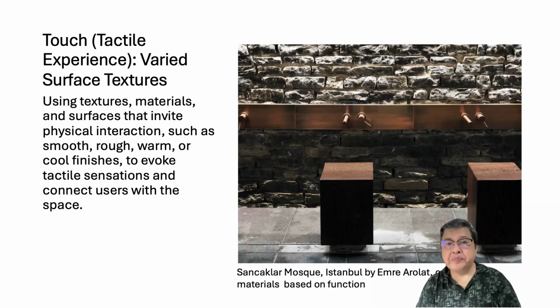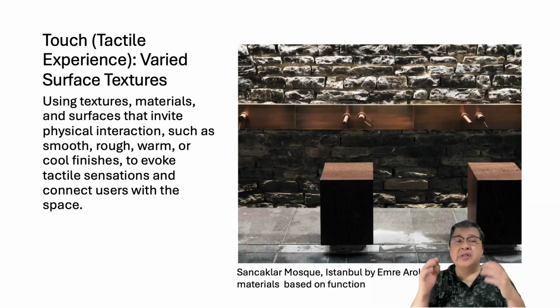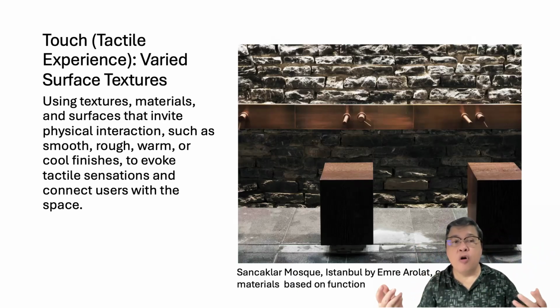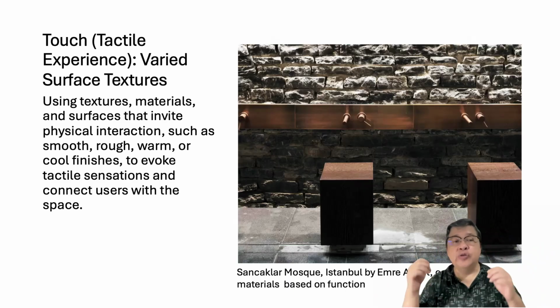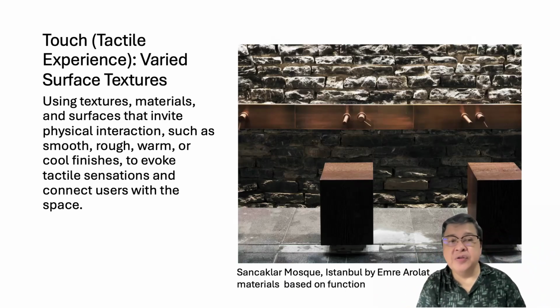So what is this principle about? It is using textures, materials, and surfaces that invite physical interaction, such as smooth, rough, warm, or cool finishes, to evoke tactile sensations and connect users with the space.